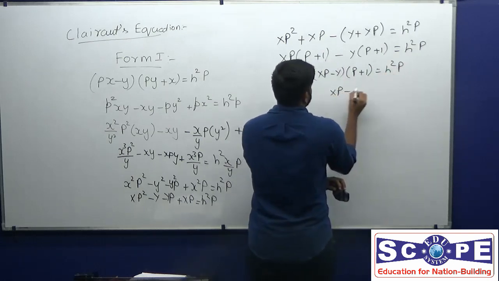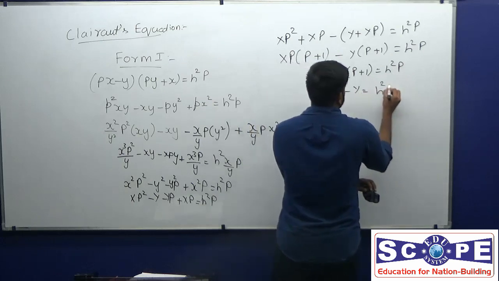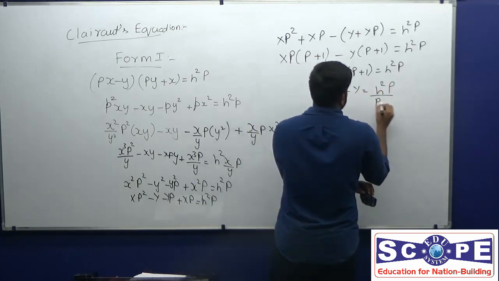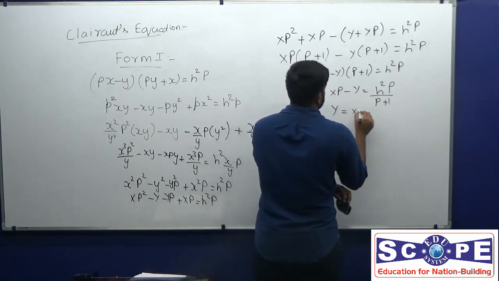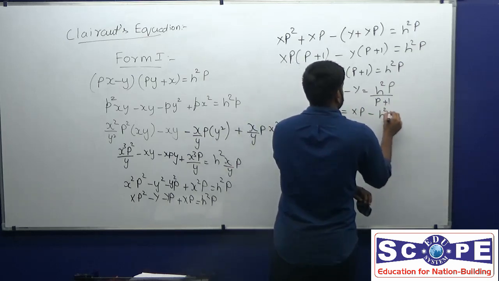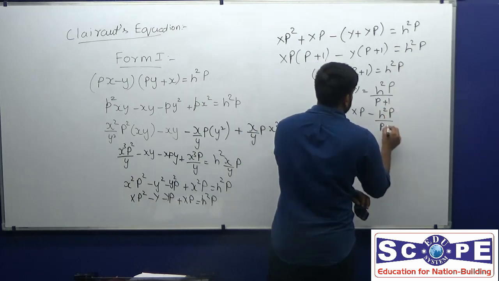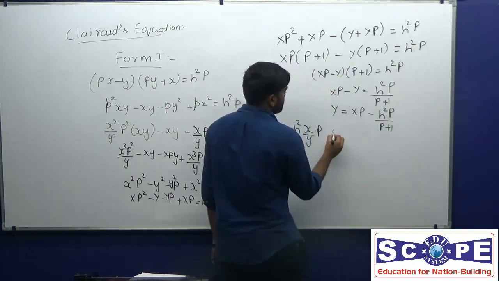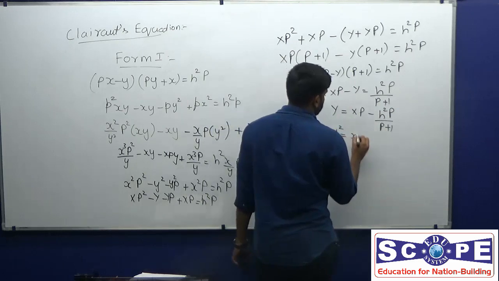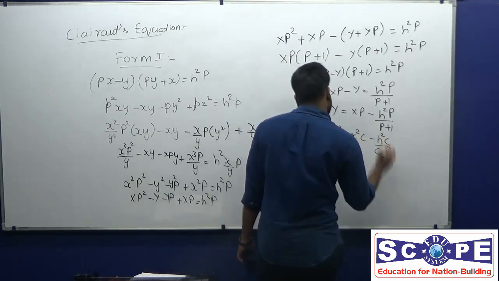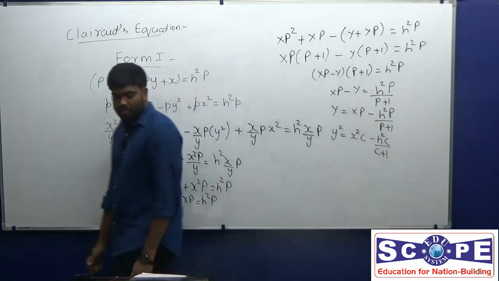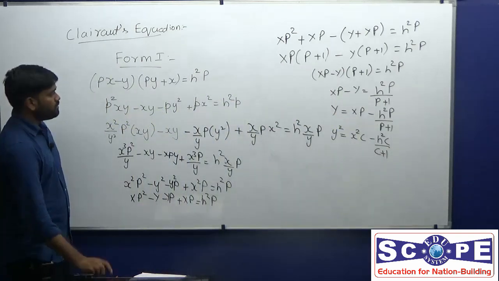That is nothing but xp minus y equal to h square p by p plus 1, which is in the form of y equals to xp minus h square p by p plus 1. So this is in Clairaut's equation. So ultimately we will substitute all the terms. Got it?